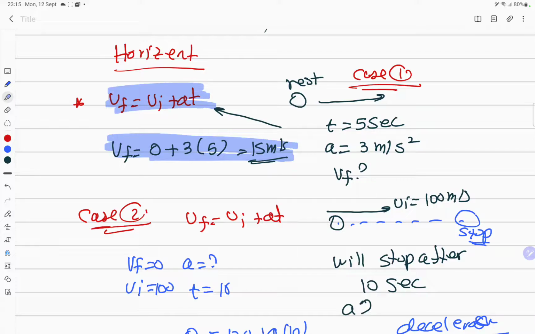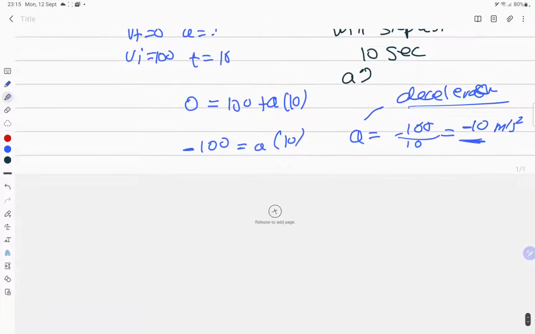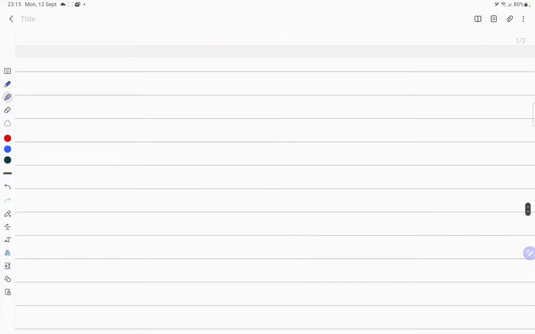This one. Okay, now let's use the other equations. The equations that I don't depend on time, which is v final square equal v initial square plus 2a delta x.